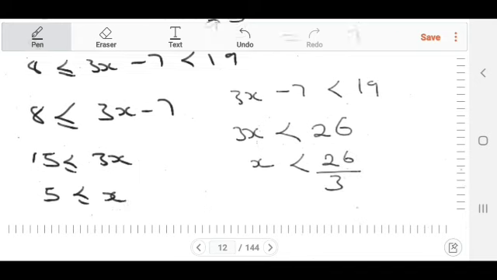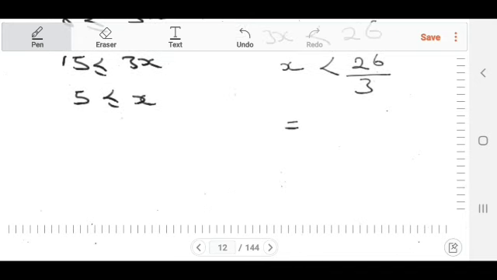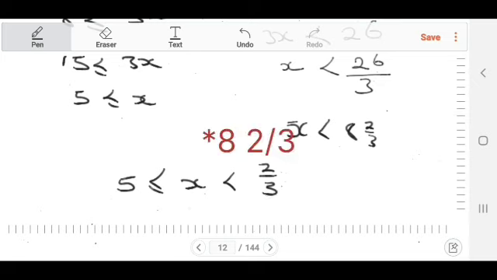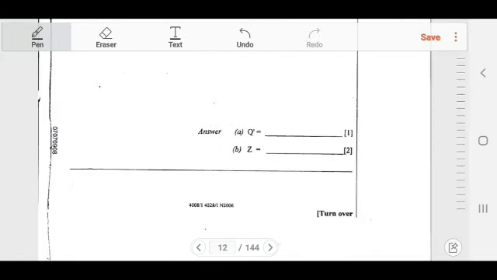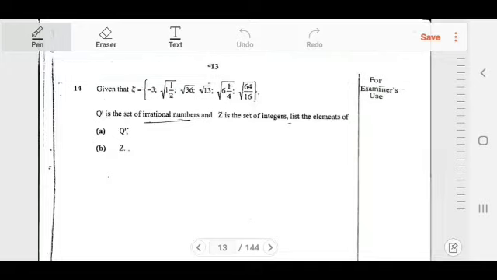Okay, so we can simplify this further and say x less than 8 and 2/3. Then we've got 5 less than x less than 8 2/3. This is the answer for number 12. And moving on to number 14.